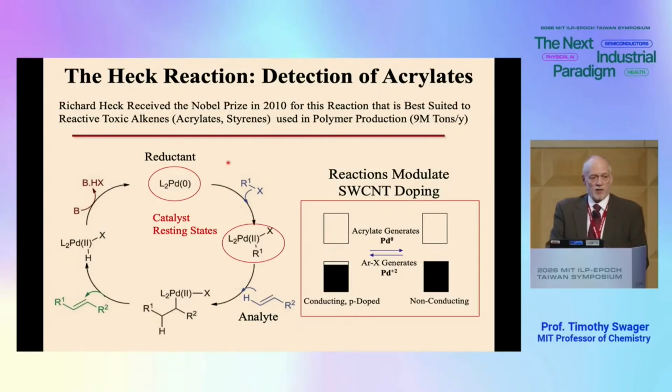And with that in mind, I want to show you something. I'm not going to get too deep into the chemistry. This is actually the most chemical scheme you're going to get here today, but just to show you how you can take a very well-known reaction. It's called the Heck reaction. It's what Richard Heck won the Nobel Prize for back in 2010.